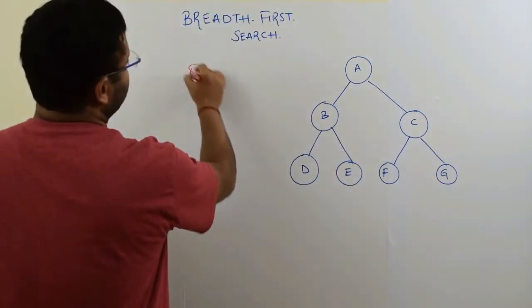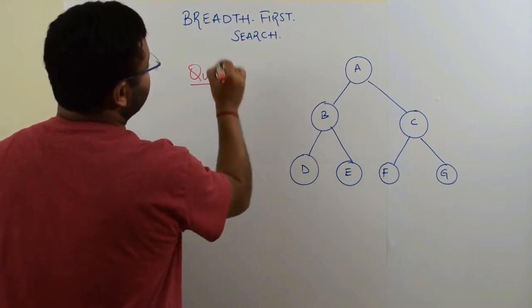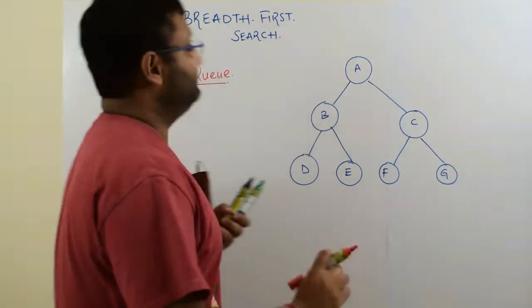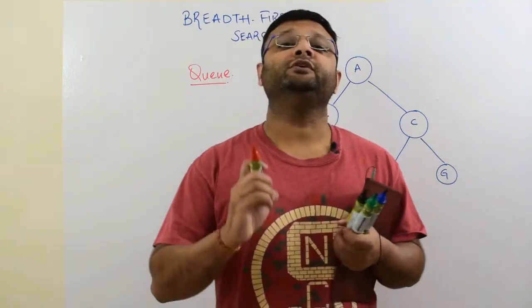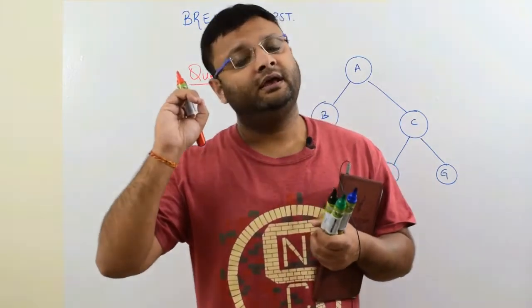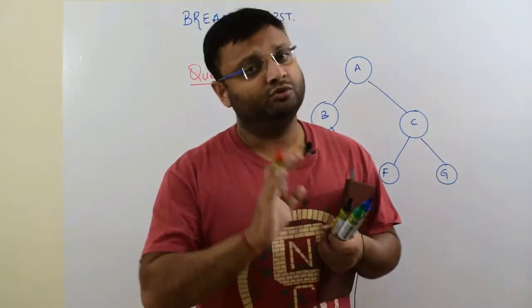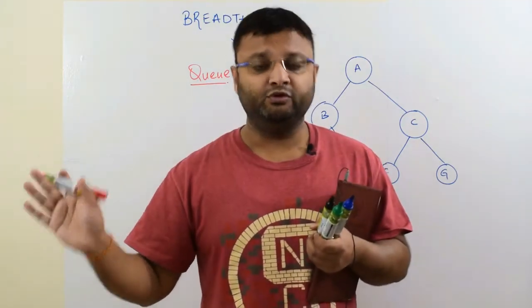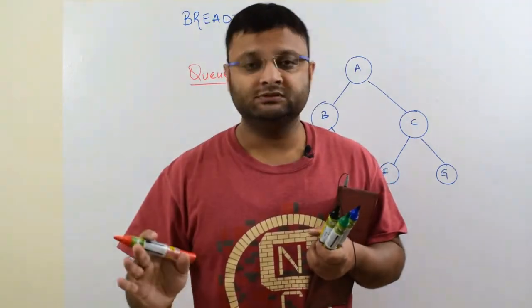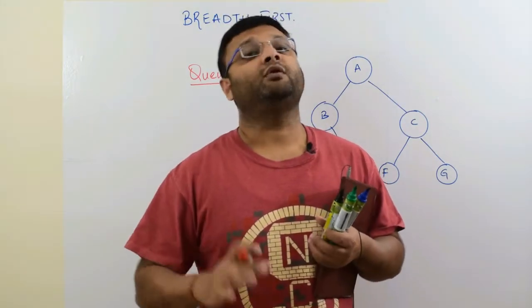So a very important point you must keep in mind is that breadth first search is implemented using queue. Now, once you remember that, then there is absolutely nothing more you need to remember throughout your life. You remember it is implemented through queue, and that's it. Now you can run BFS on any graph.